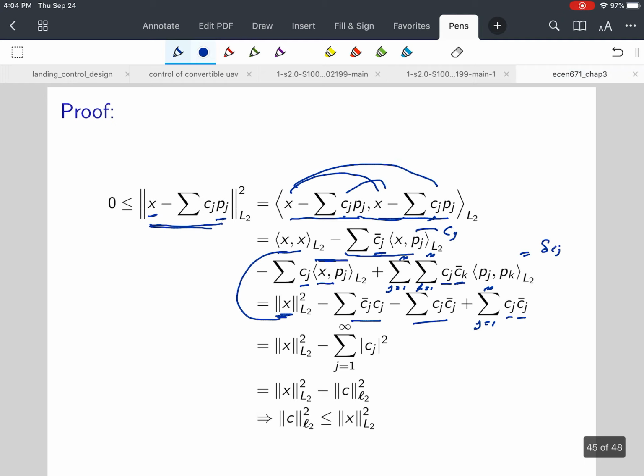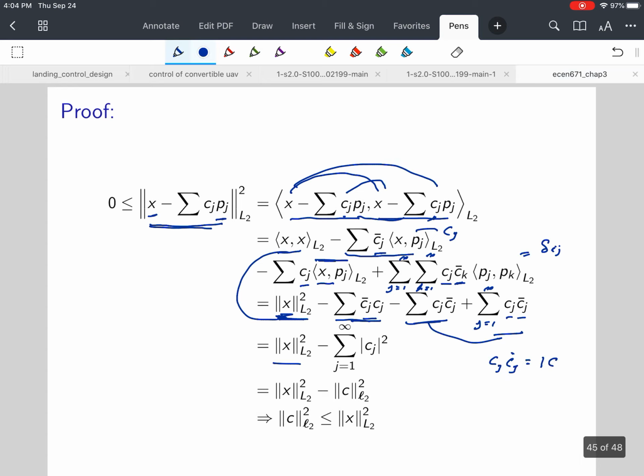All right, so this guy is equal to the L2 norm of x squared, and then notice we subtract and add, and so these two will cancel out, and now we're just going to subtract cj cj bar.